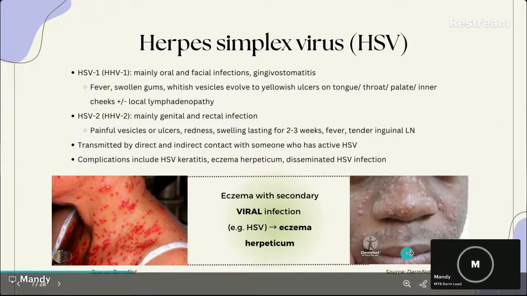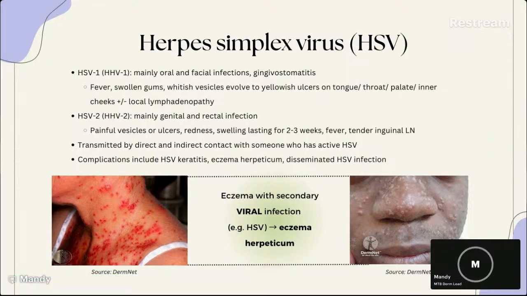These two pictures at the bottom are also of eczema herpeticum. They often look quite monomorphic, which essentially means that the vesicles look quite similar to one another. I think it's more easily seen on the right hand side. They can also look like punched out erosions, affecting the face and the torso.